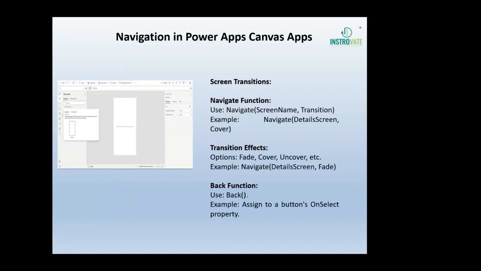So when you are creating a Canvas application and you want to navigate, use the Navigate function. Why are we using the Navigate function? For example, let's say you have three screens in your application. One screen is student details, one screen is an edit form, like add student, and one screen is student names only.